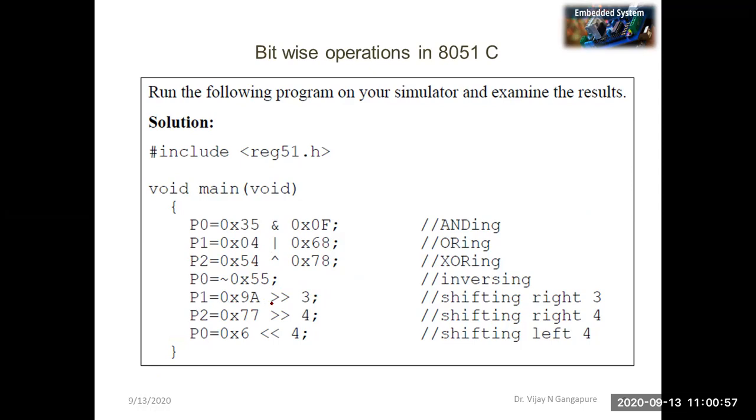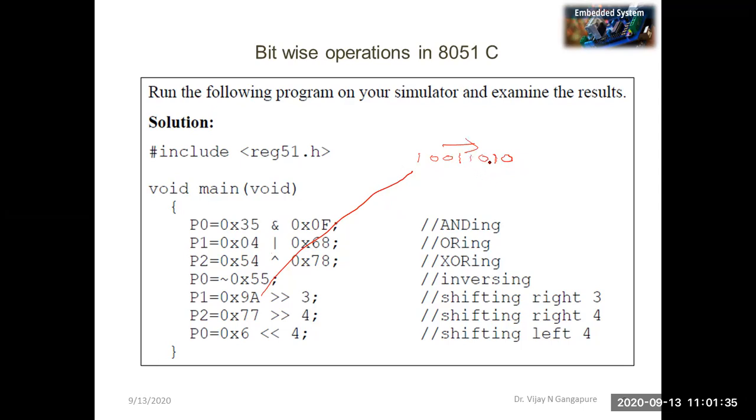P1 is equal to 0x9a and greater than sign T3. That means shift data 9a by 3 position towards right. So 9a here will be, 9 means 1 0 0 1, and a means 1 0 1 0. So this will be shifted 3 times towards right.